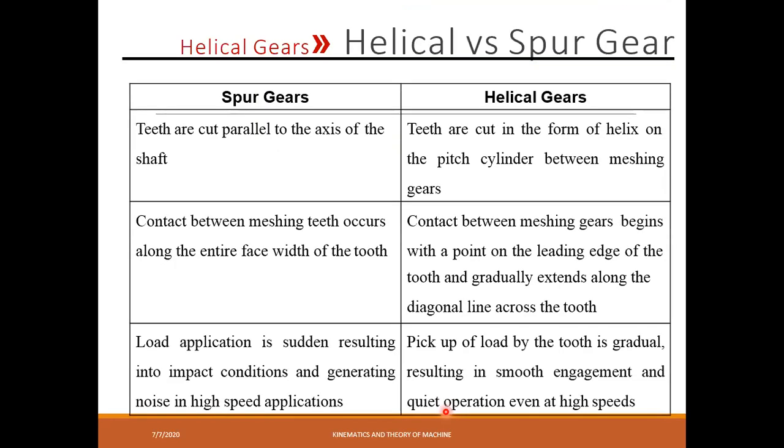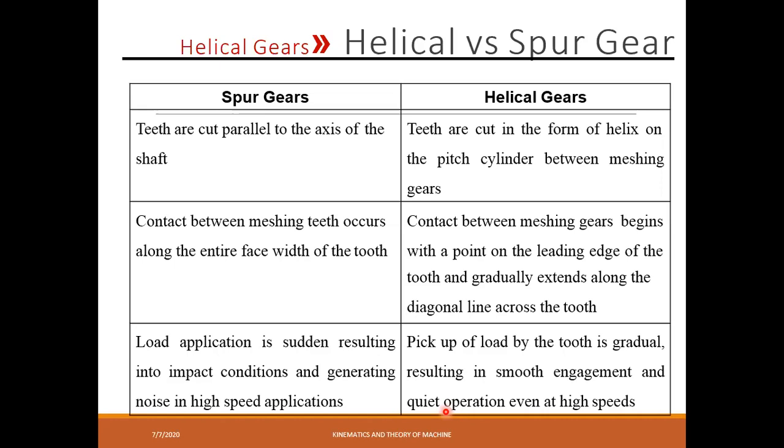The difference between the spur gears and helical gears. Teeth are cut parallel to the axis of the shaft for the spur gear, whereas the teeth are formed at the helix angle on the pitch cylinder in the helical gear. Contact between meshing teeth occurs along the entire face width of the tooth in spur gears, whereas the contact between meshing helical gears begins with a point on the leading edge of the tooth and gradually extends along the diagonal line across the tooth.